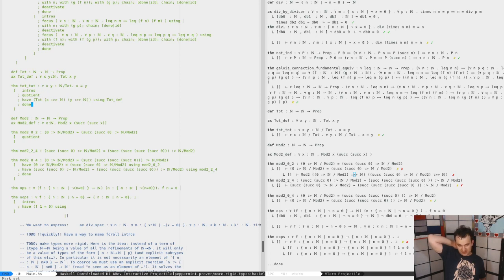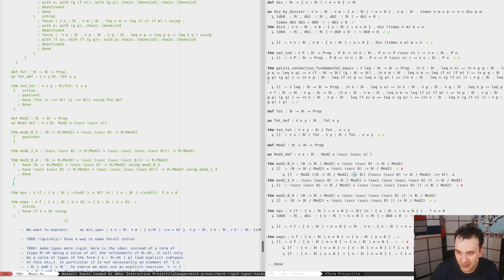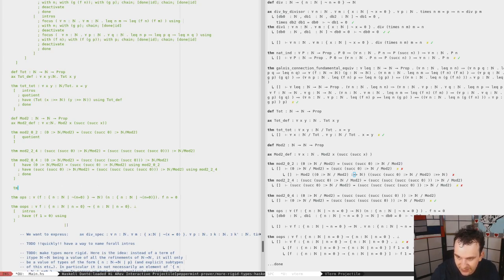Yeah, it's possible by induction. But we will have the same problem that we currently have. So there's a bit of design. Okay, but we'll write it down, because it's interesting.